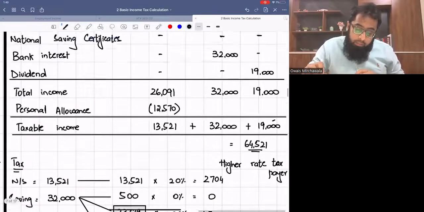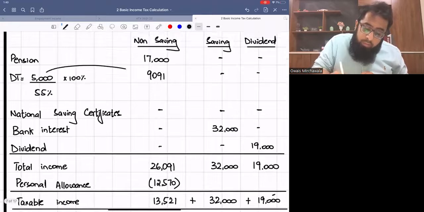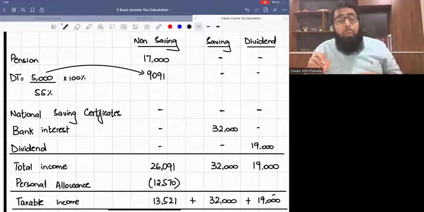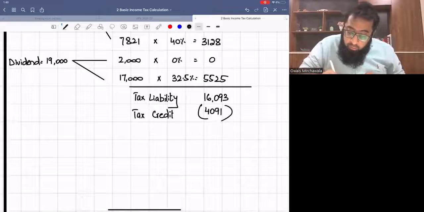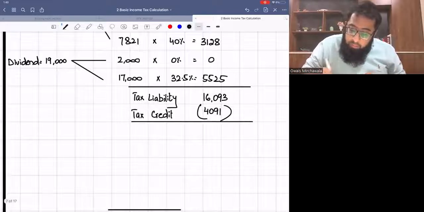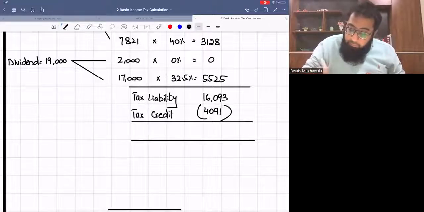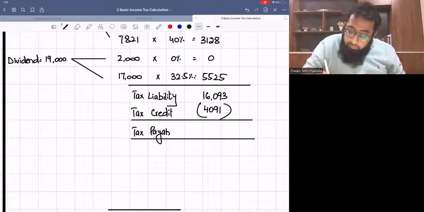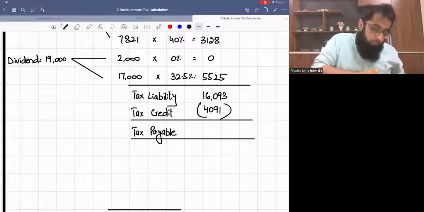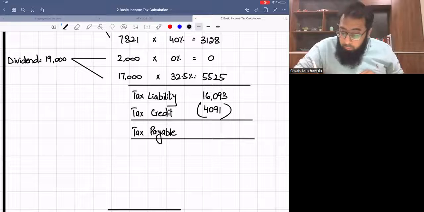What is the tax credit? It was on discretionary trust, 4,091. So this will give us the tax payable of how much? 12,002.